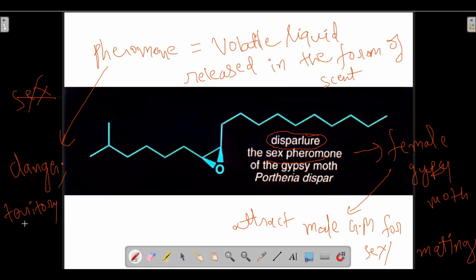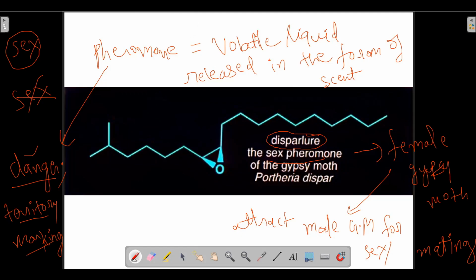So pheromone doesn't have only the function of sex; never think like that. It is useful for other purposes as well, but most commonly it is used for mating.